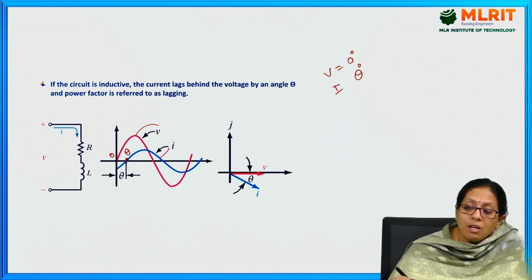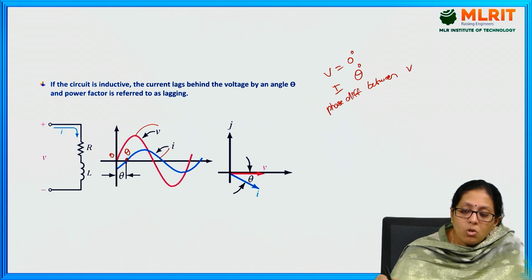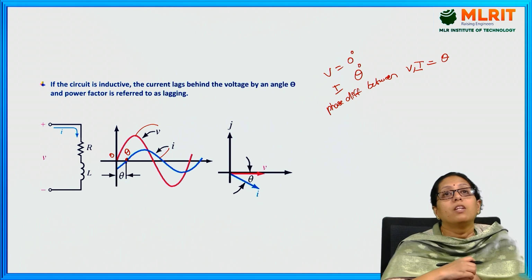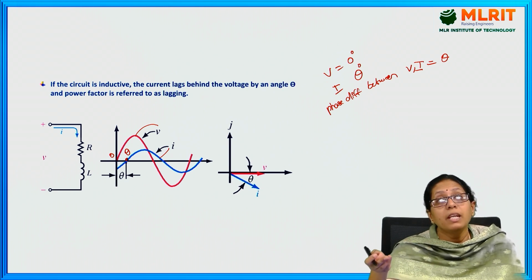So, the phase difference between the voltage and current is nothing but theta.